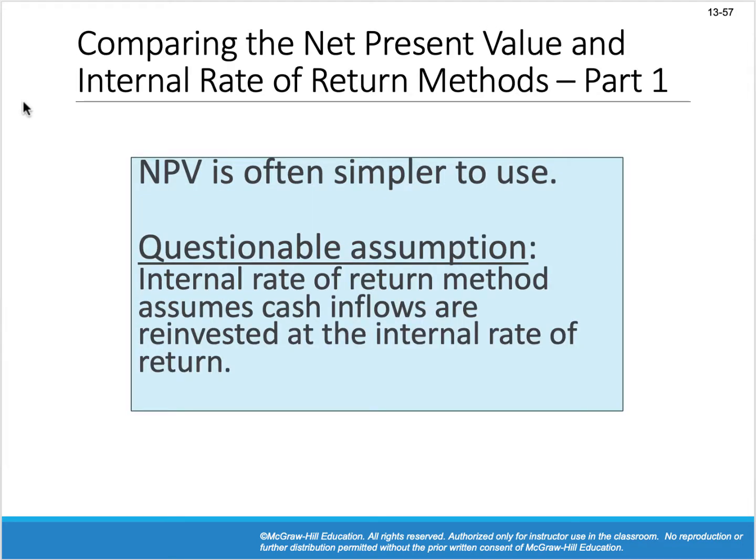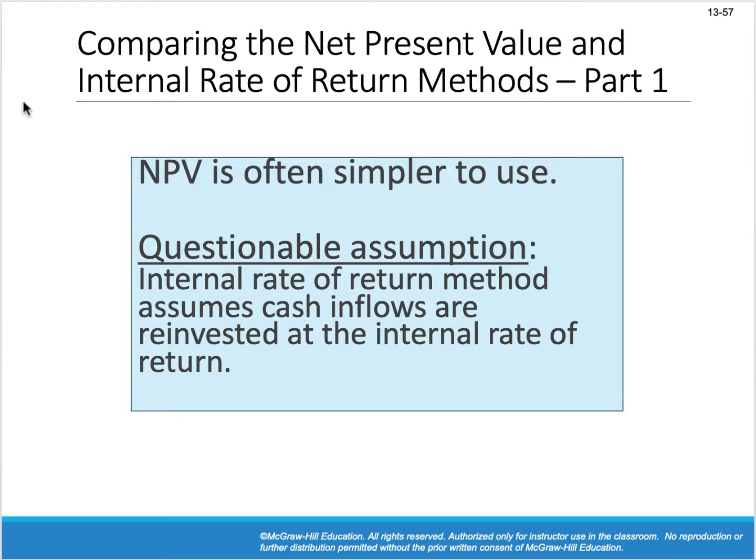Now, how do we compare the net present value and the internal rate of return? Here we're talking about which one's easier to use, right? Is it the net present value or is it the internal rate of return? Well, it all depends, right?